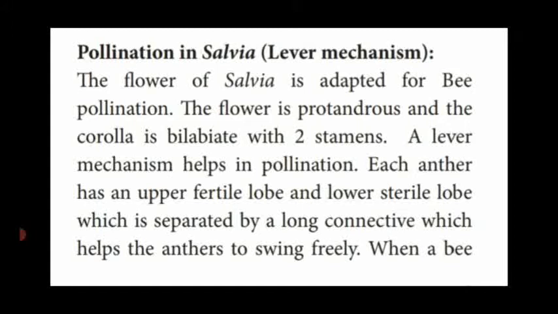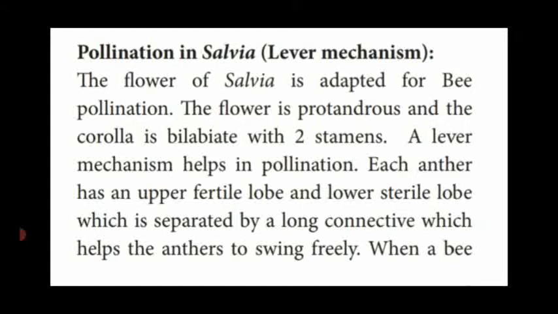The Salvia flower is protandrous. Protandrous means the maturation of the androecium is earlier than the gynoecium, that is the stigma. That is said to be a protandrous type of flower.